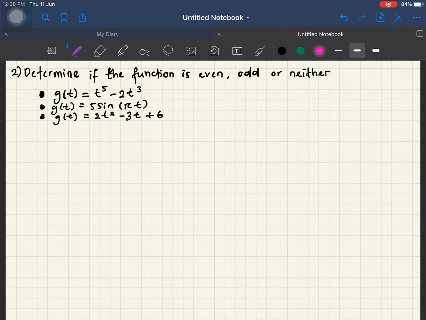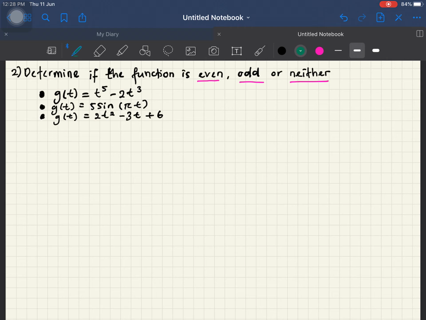Now let's look at the second question, where you are asked to determine if the given function is even, odd, or neither. Let's look at this one at a time. We have g of t equals t to the power of 5 minus 2t to the power of 3.